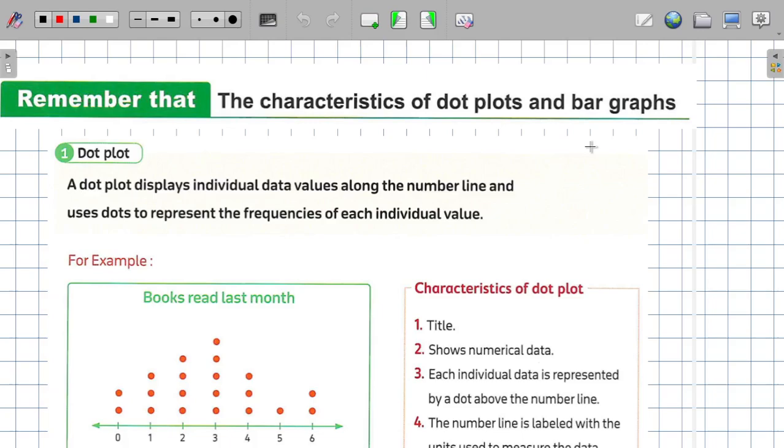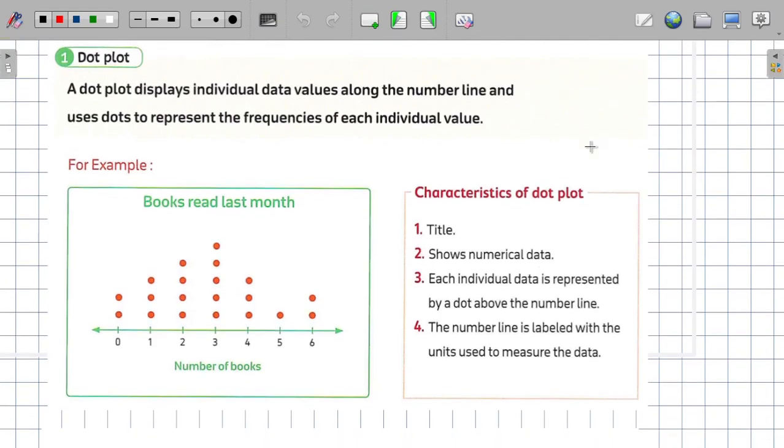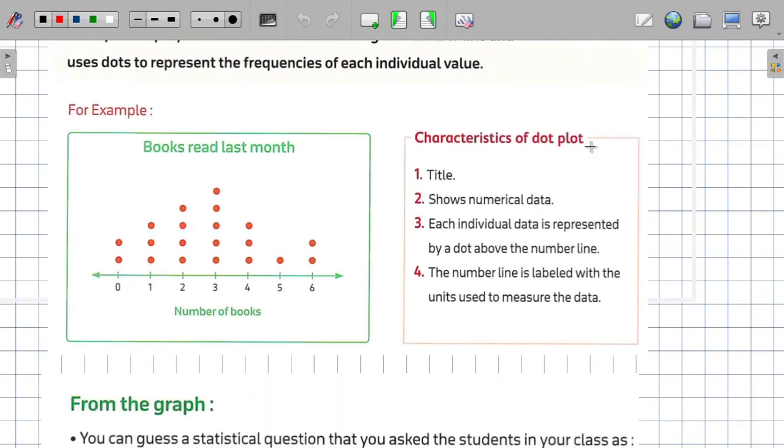Okay, so if I have an example like this, I have the dot plot of books read last month. So I will ask how many students did not read any books. I think it will be 2.